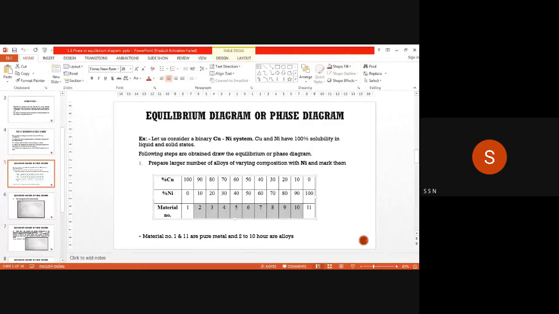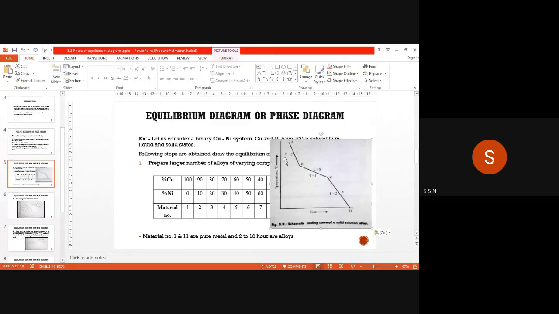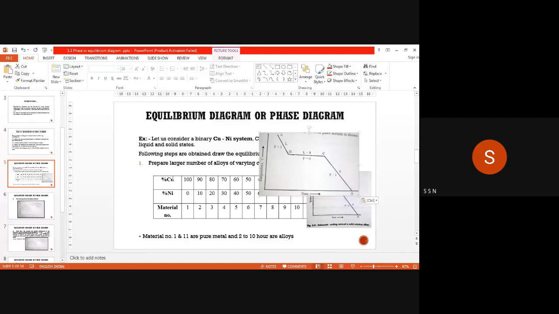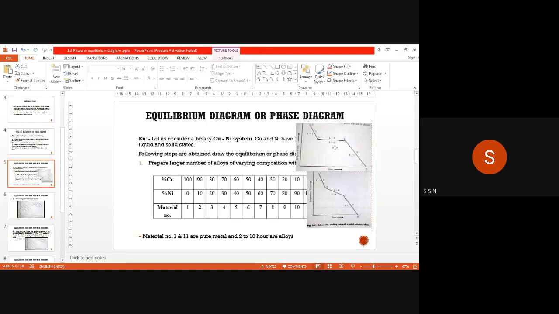And we have seen the cooling curve for binary solid solution alloys, how it is. Is it like this? Yes, it is the cooling curve for a binary solid solution alloy. And for pure metal, how is it? For pure metal, the cooling curve is in this form.